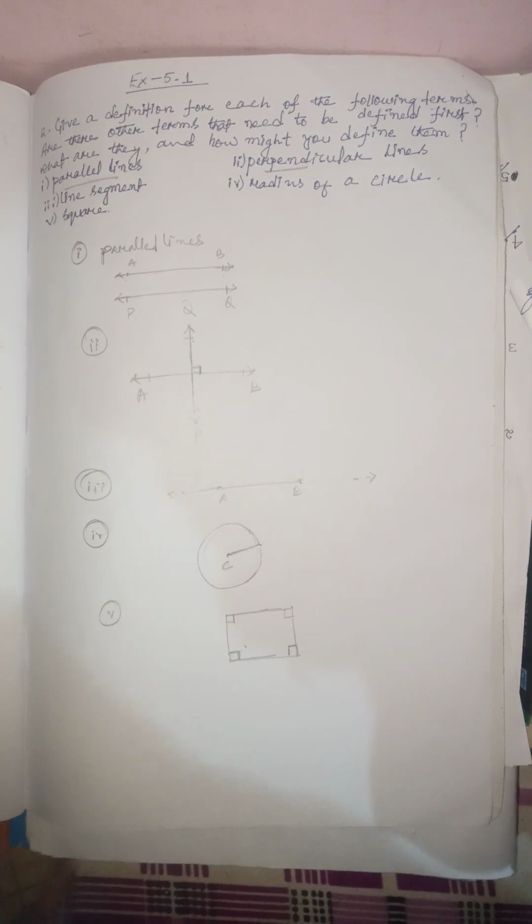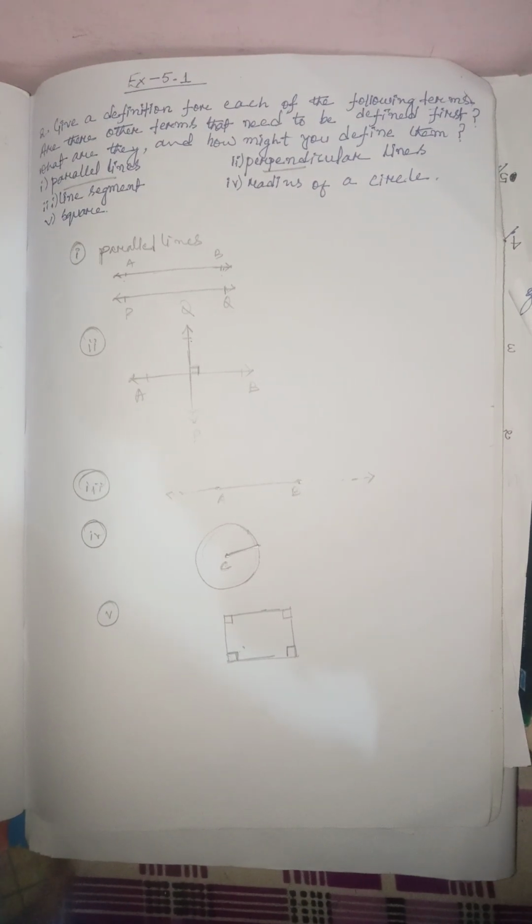Thus we can define a square in this way: a square is a quadrilateral in which all the sides are equal, opposite sides are parallel, and all angles are equal. Such a quadrilateral we simply call a square.